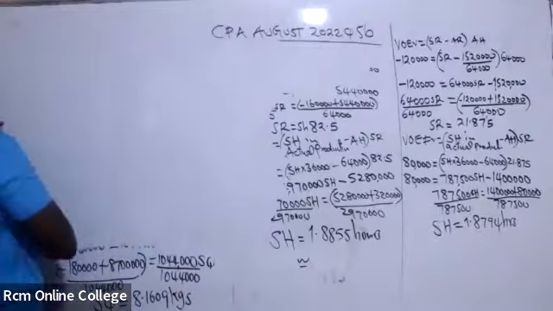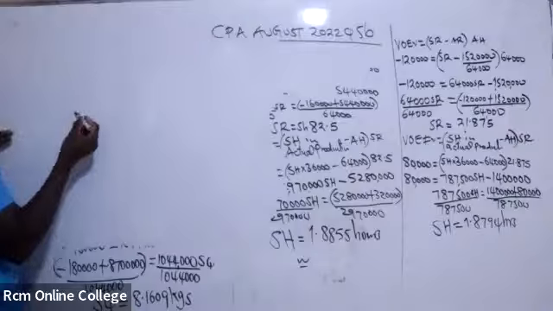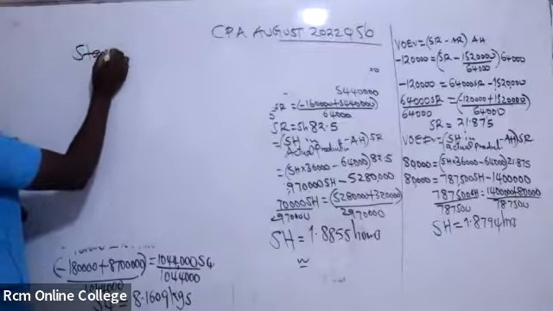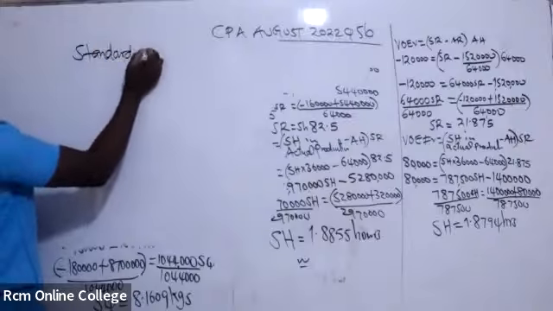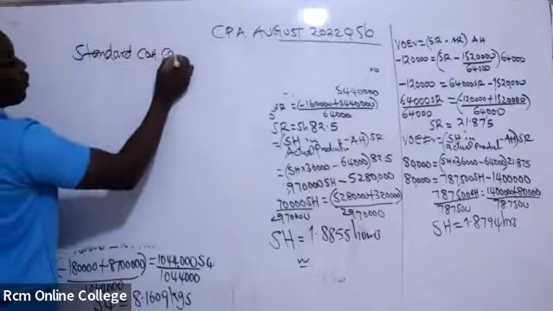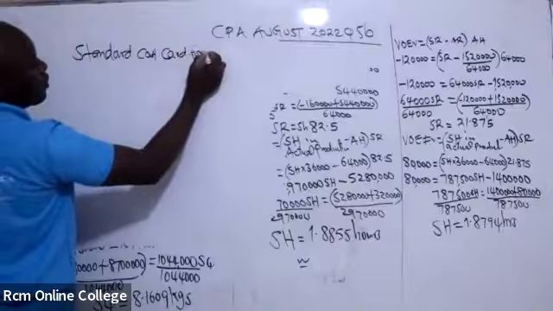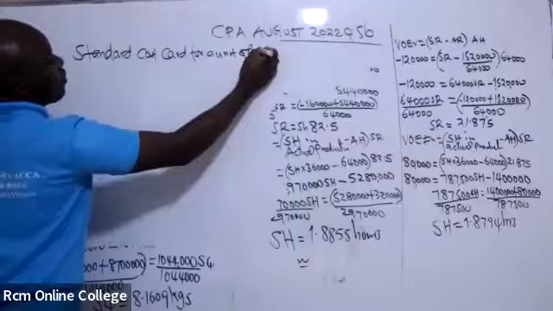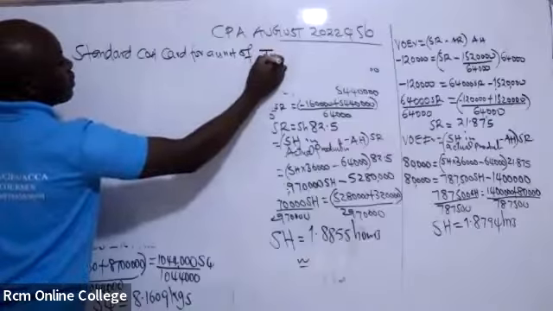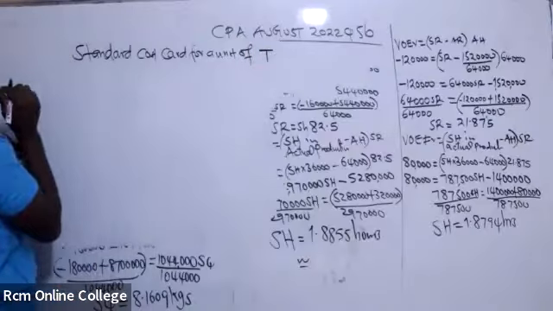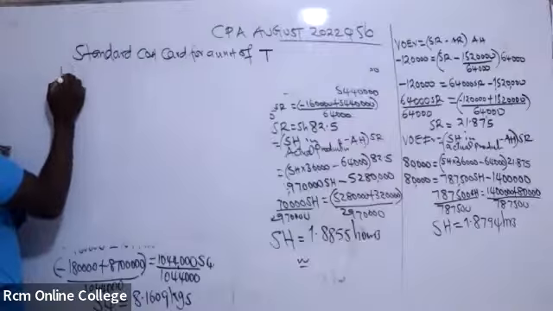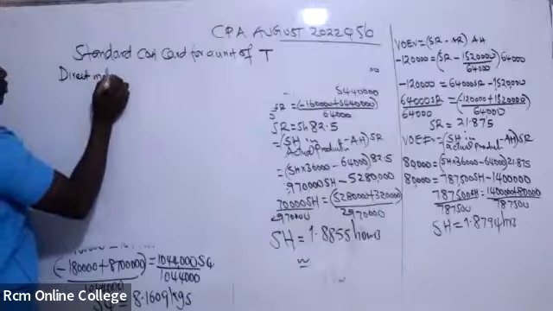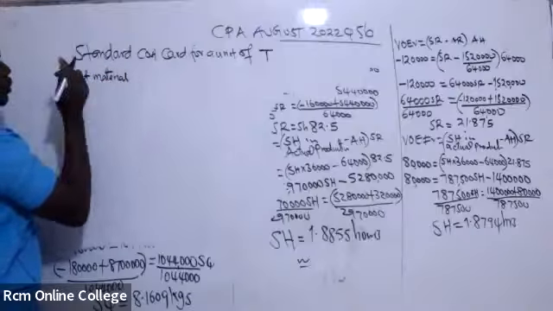So I'll come here and say standard cost card. Standard cost for a unit of product T. So the first thing is direct material.